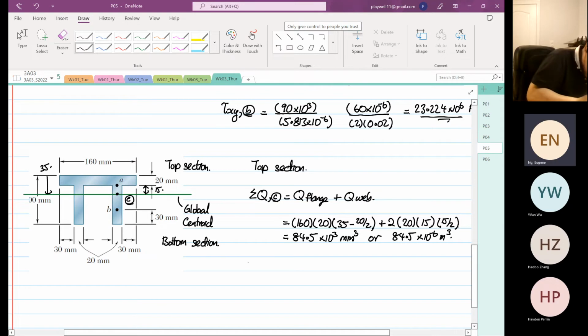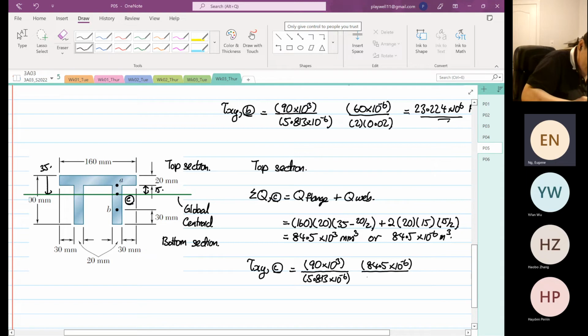Then we can immediately find the shear stress XY at point C. Okay, and this is again 90 times 10 to the power 3 divided by 5.813 times 10 to the power minus 6. This will be equal to 84.5 times 10 to the power minus 6.